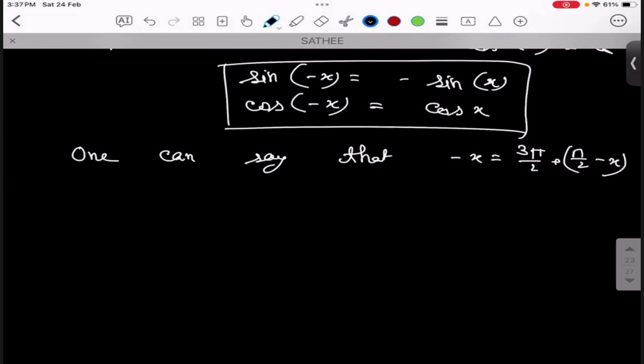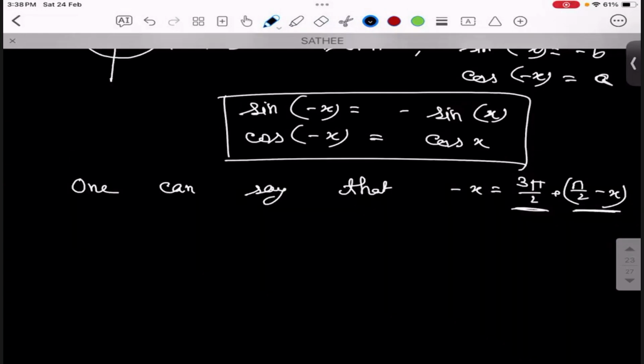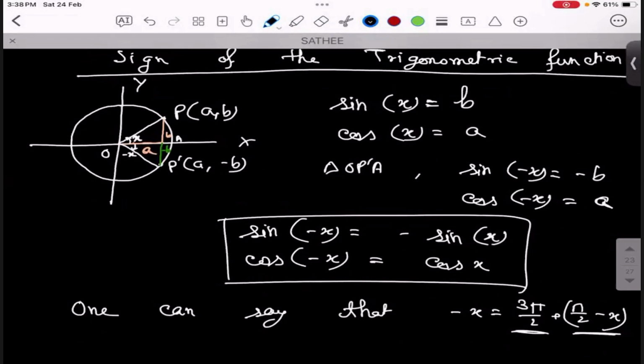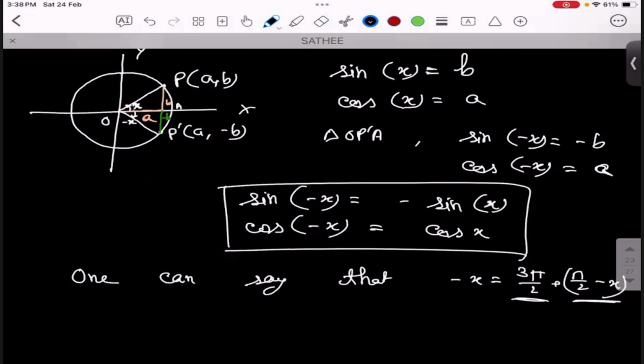If I know about this, then we will know about the other things and can go up to those parts. So one can say this minus x equals this. Here you can see that this minus x is in the fourth quadrant.